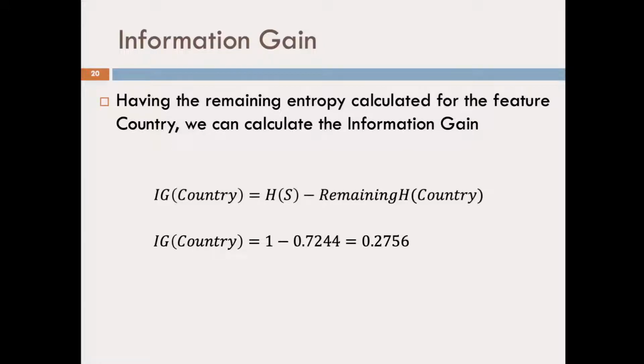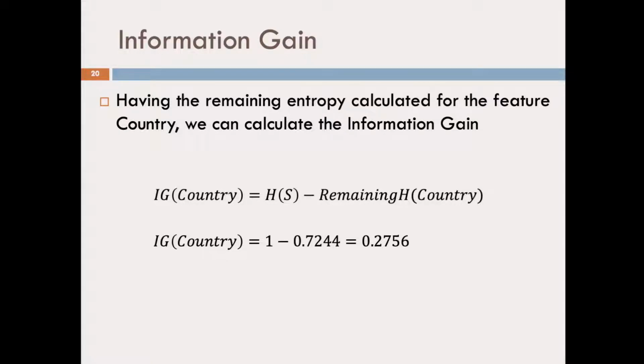So the information gain for the feature country is 0.2756. Did you get it? Okay, so save this number, because we have to do the same thing now for the other features.